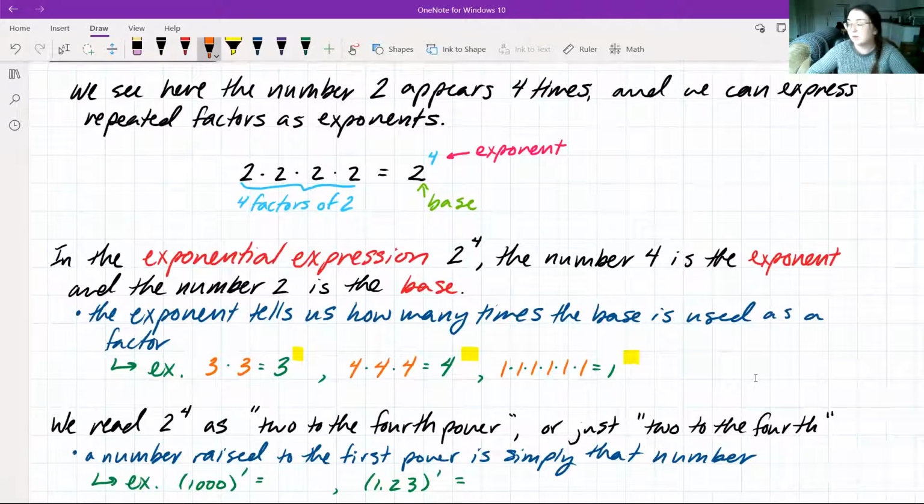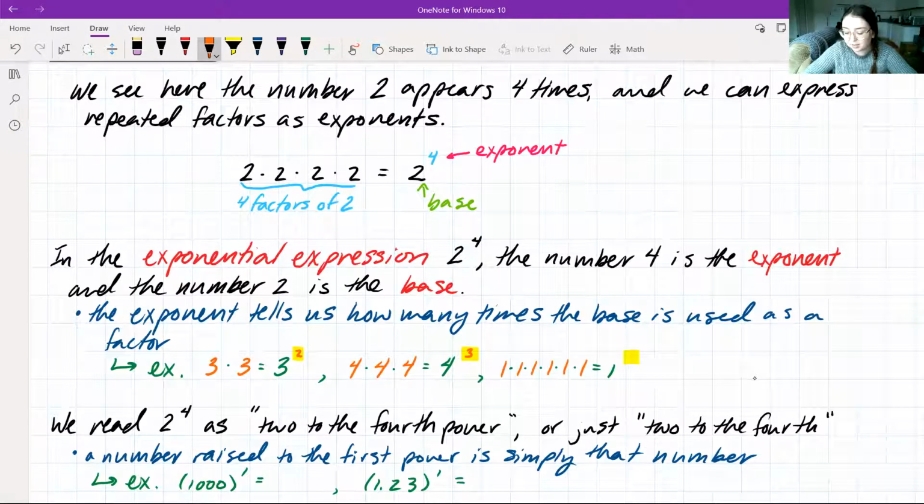So 3 times 3 becomes 3 to the 2nd power, or 3 with a superscript of 2. Then we have 4 times 4 times 4. So 4 is our base because that's our actual number, and 4 is multiplied 3 times. So 3 is our exponent.